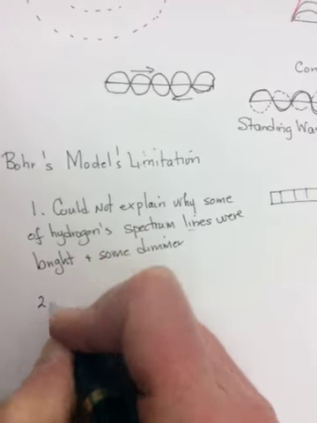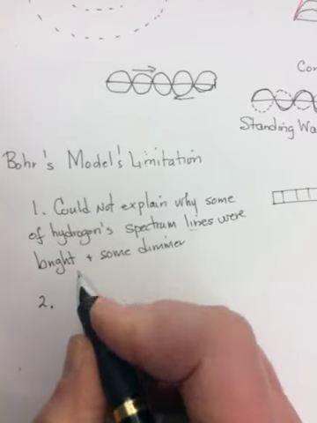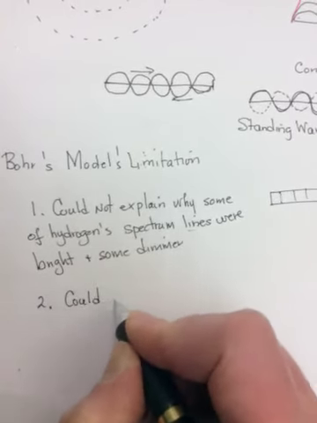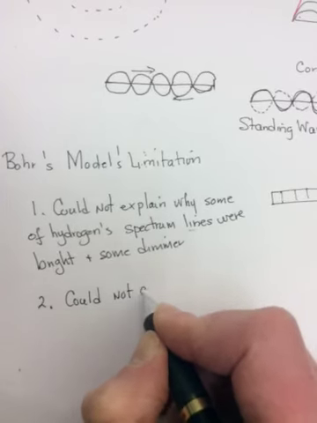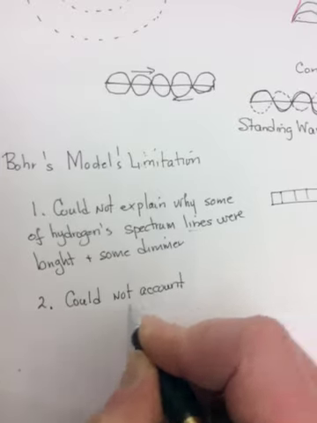His second limitation is that he could not account for very, very closely spaced spectral lines. Could not account. Now, what I mean by account, again, would be could not explain.